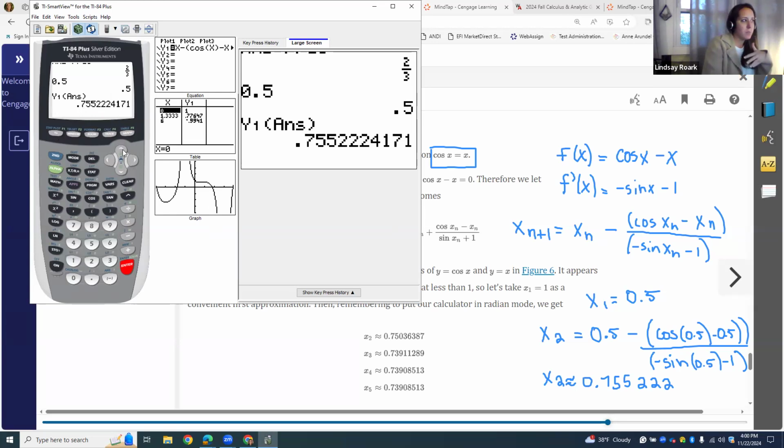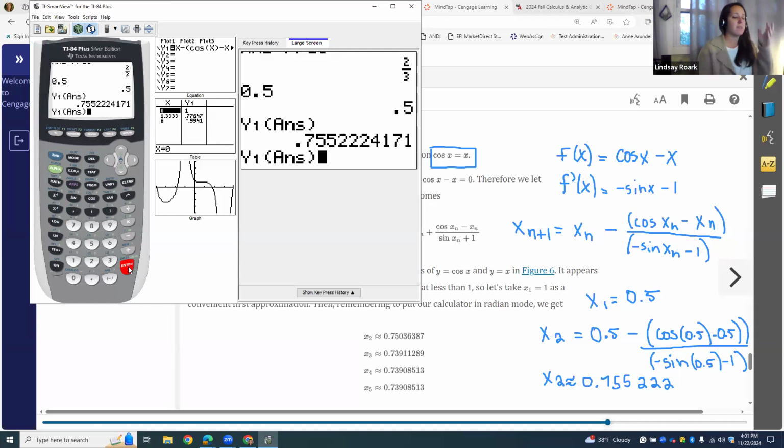You can arrow key up to y1 of answer. On some of the older calculators you can't scroll up, so what I used to do back in the day was hit second and then entry. That just recalls your last entry, which is exactly what we want.